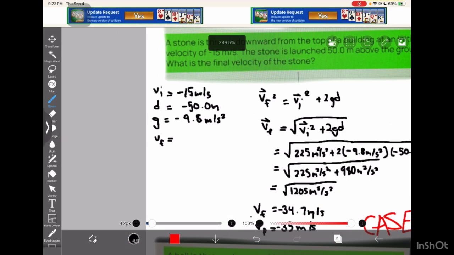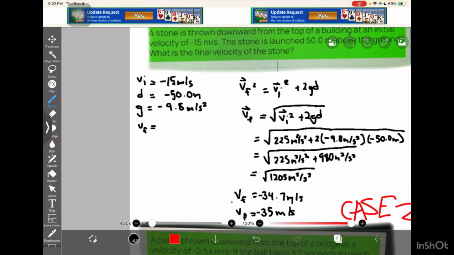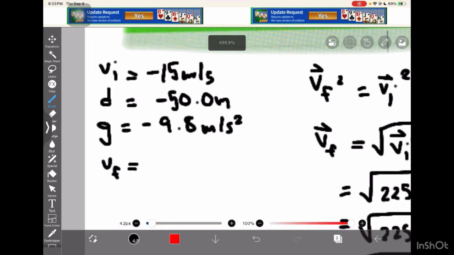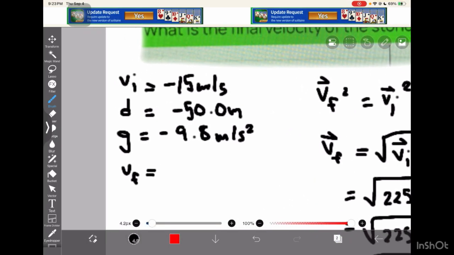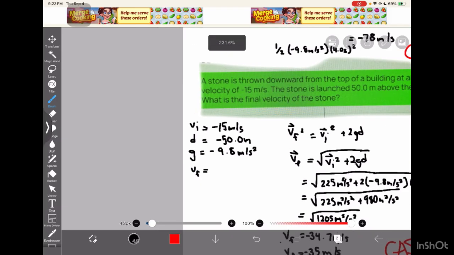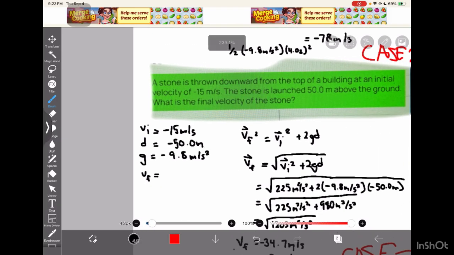Yes, it's negative, because the stone is also going down, and we threw it downward. That's why it's negative.